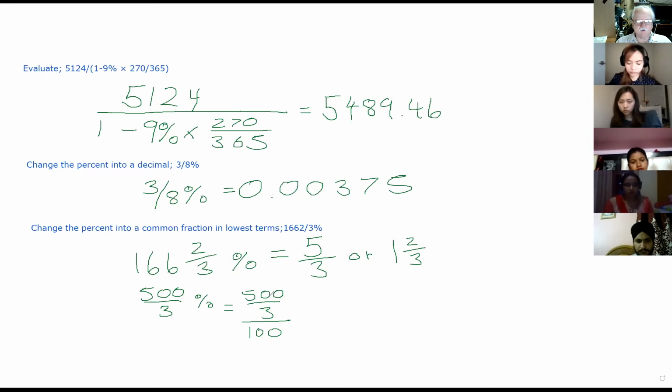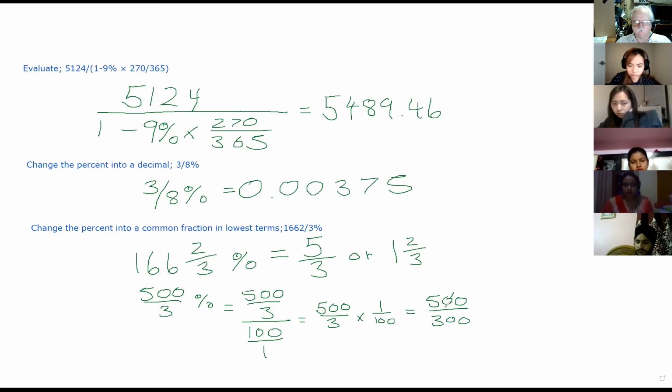And we don't like a fraction to be part of a fraction. So we're going to put this over 1. And then we can invert and multiply. Then we're going to have 500 over 3 times 1 over 100, which now becomes 500 over 300.